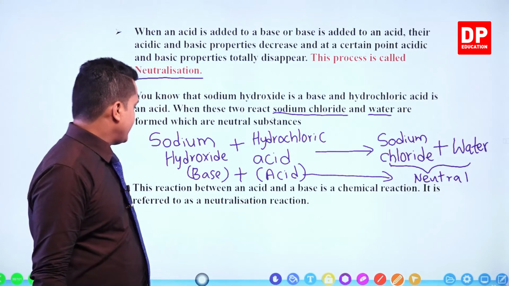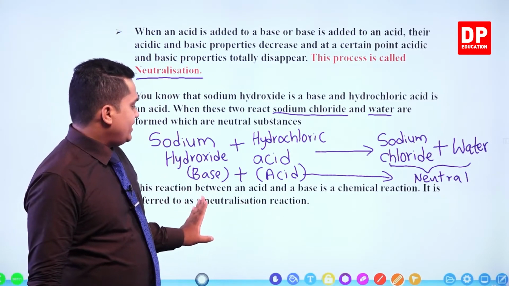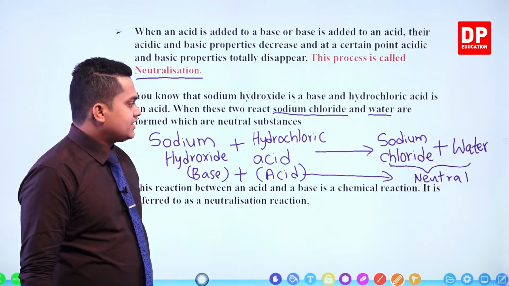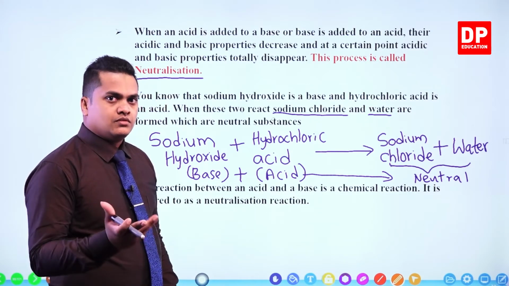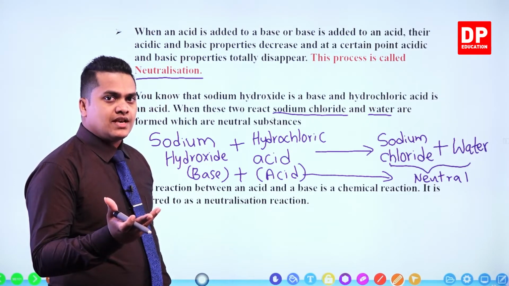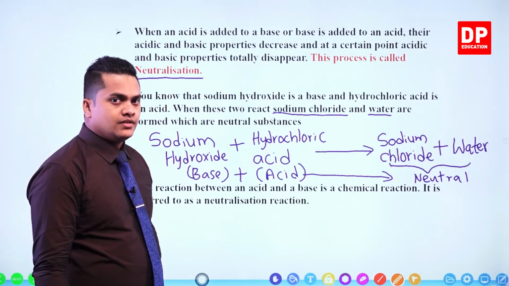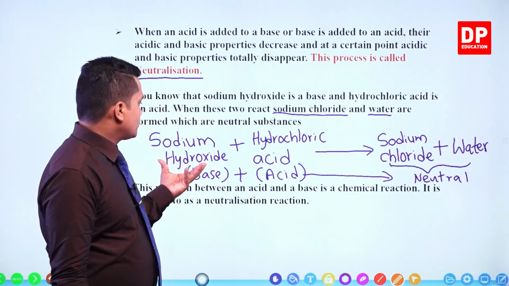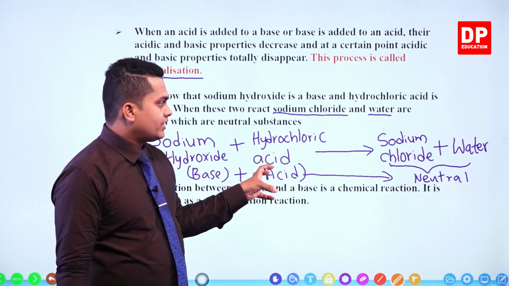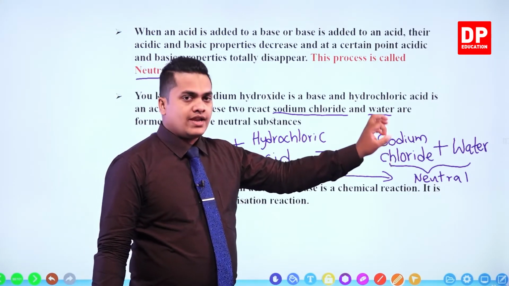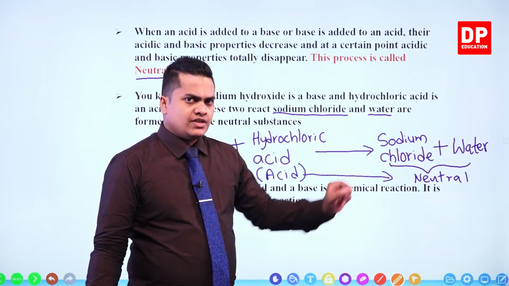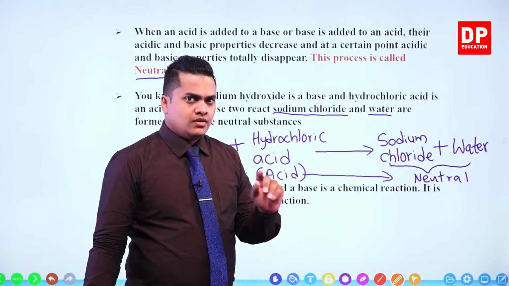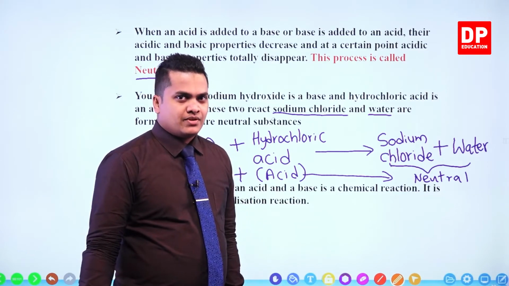Right then, this reaction between an acid and a base is a chemical reaction. It's obvious to us. New substances have been created, right? Earlier it was sodium hydroxide and hydrochloric acid. Now sodium chloride and water. How can you prove that? By using the pH paper, right?